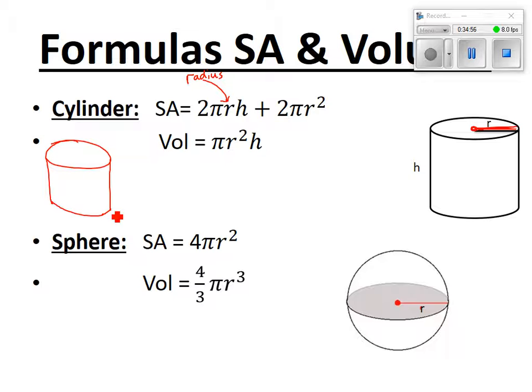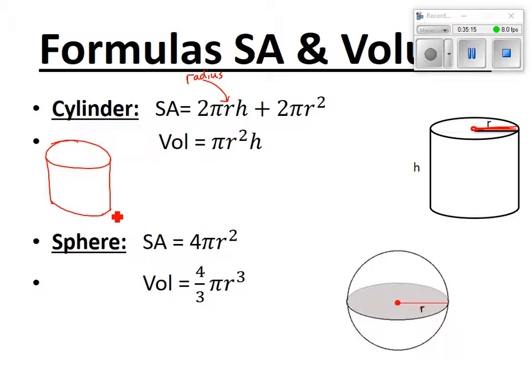That's my cylinder. If you took a pop can and you cut it all apart and laid it out all flat, what would it look like? 2 circles and a rectangle.